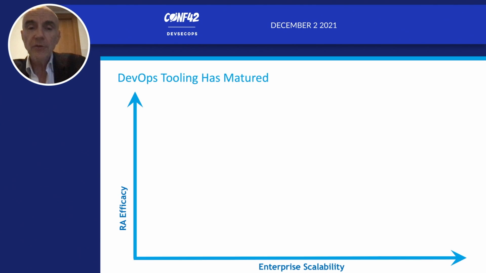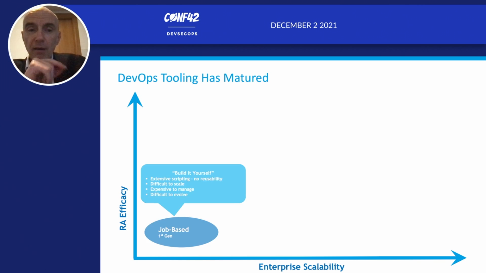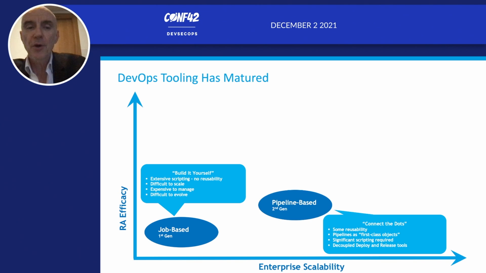When we talk about DevOps tooling that has matured, at the very beginning we switched from job-based release orchestration and release management to pipeline-based, the second generation.